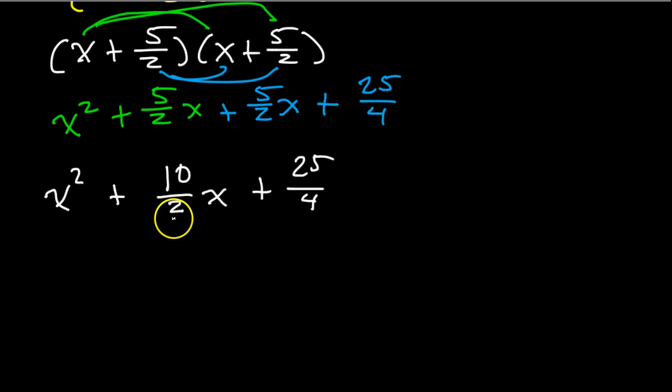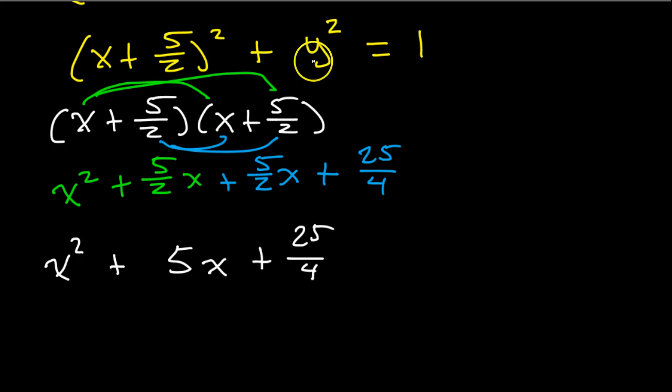But of course 10 over 2 is just 5, so let's just go ahead and put 5. Alright, so this is what we get when we multiply these two together. So it's time to bring down the rest of the equation. Alright, so I still have the plus y squared and equals 1.